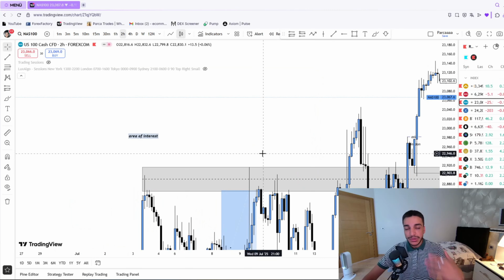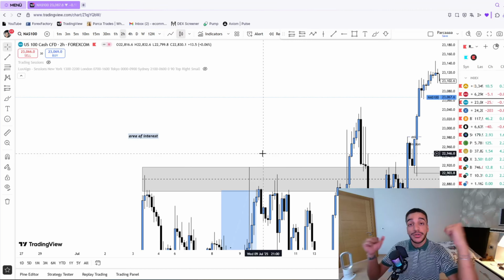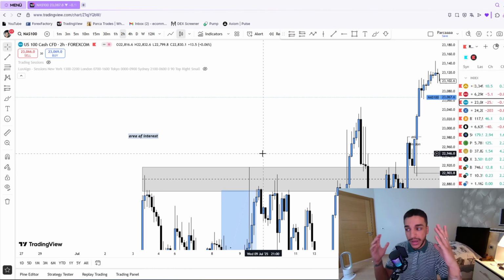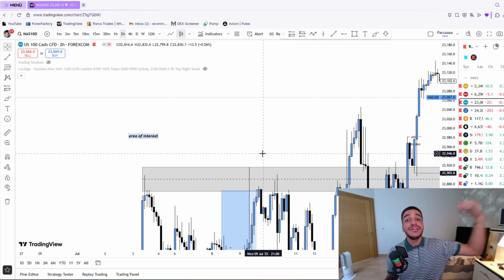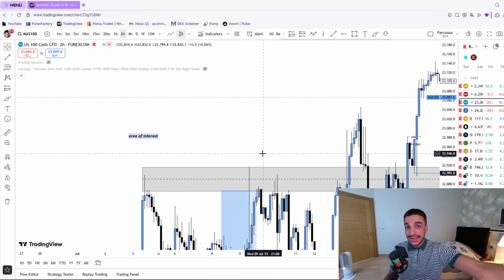By the way, area of interest is not a symbol of whether price is going bullish or bearish. You cannot understand that with just an area of interest. If an area of interest has a high probability, it tells you price will have a reaction, a high chance to make a move.